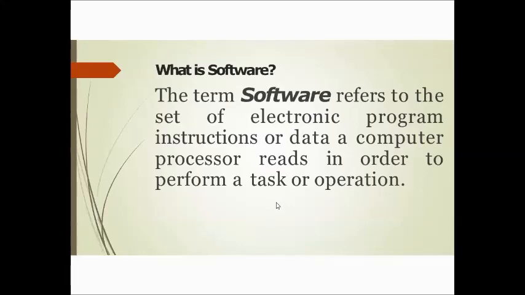So those are web browsers, and that is an application software. Application software is specific to the task it is designed for and can be as simple as a calculator application or as complex as a word processing application.